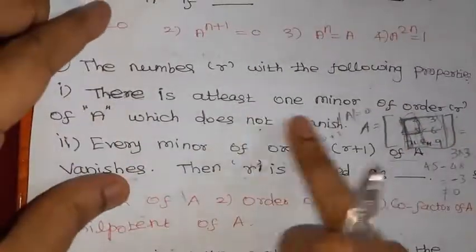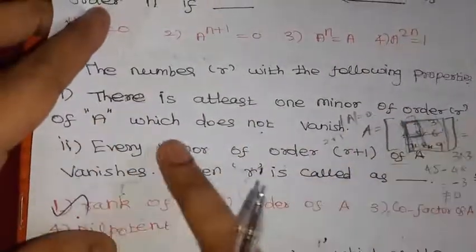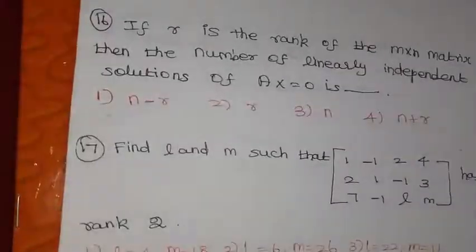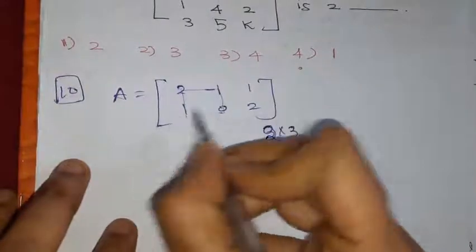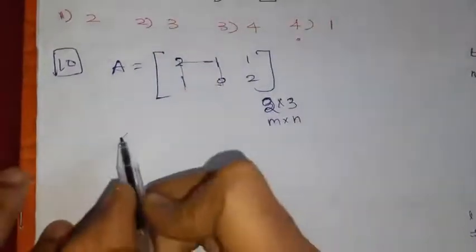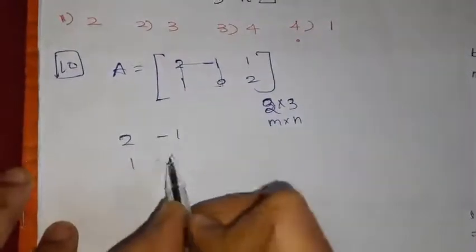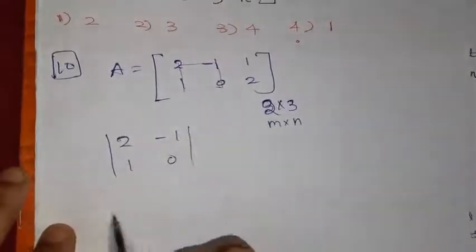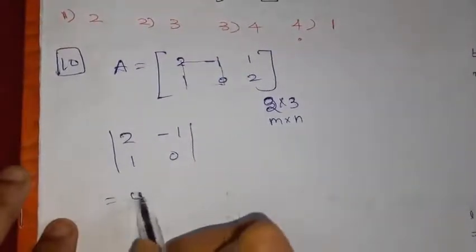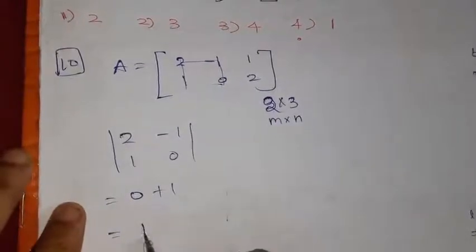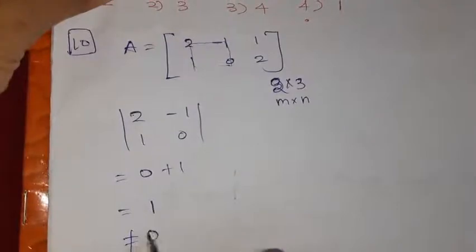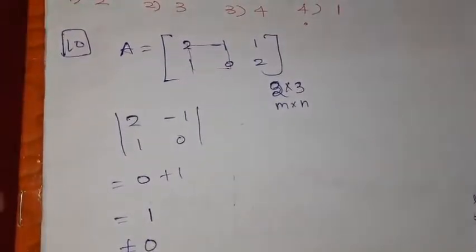There is at least one minor of order r which does not vanish. We will check for that. Any minor we can check. We will take this 2 cross 2 matrix and check its determinant. What do we get? 0 minus 1 plus 1, so equal to 1. That is not equal to 0, it does not vanish.